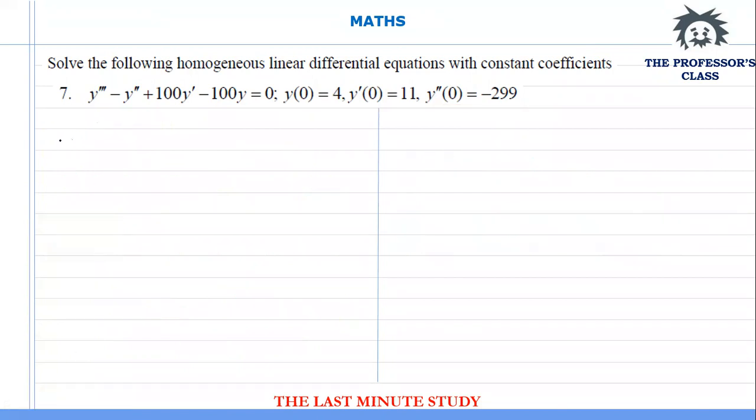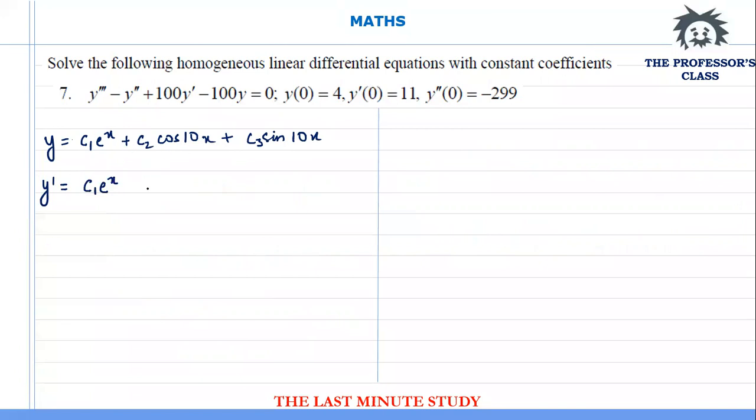The equation that I got at the end as an answer was y equals C1 e raised to the power x plus C2 cos 10x plus C3 sin 10x. Similarly, I can find the first derivative of this equation, which will become C1 e raised to the power x, because the derivative of e raised to the power x is e raised to the power x.